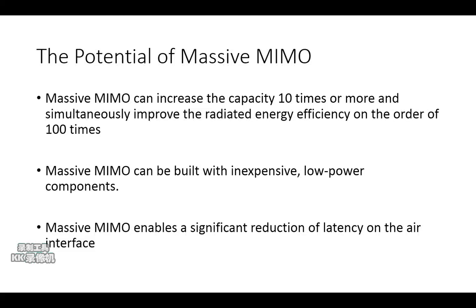With massive MIMO, expensive ultra-linear 50 watt amplifiers used in conventional systems are replaced by hundreds of low-cost amplifiers. Although you may think hundreds of amplifiers is a lot, together they are still cheaper than the ultra-linear amplifier.